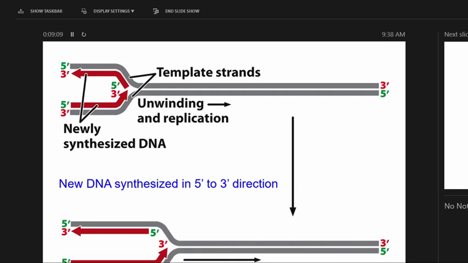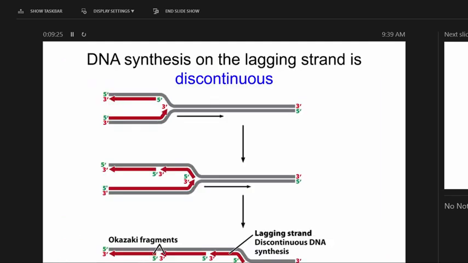All right, so as the replication fork moves from left to right, more DNA is synthesized, but you can see that on the leading strand you get synthesis here on the newly opened up DNA. Here, not so much. You have to wait until enough opens up from here at the top to the middle panel where you can start again, make another piece. The leading strand is continuing to go though.